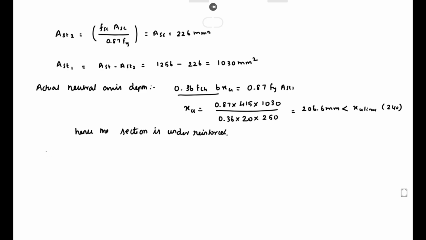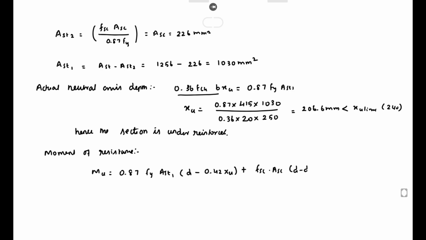Now we can calculate the moment of resistance. The formula is Mu equal to 0.87 fy Ast1 into d minus 0.42 Xu, plus fsc into Asc into d minus d dash.